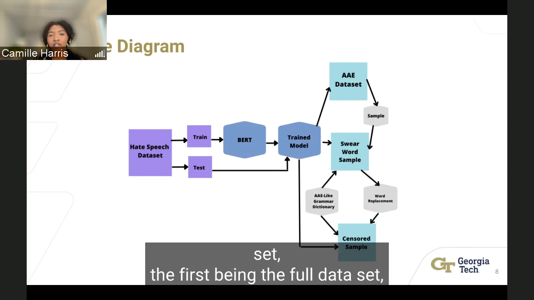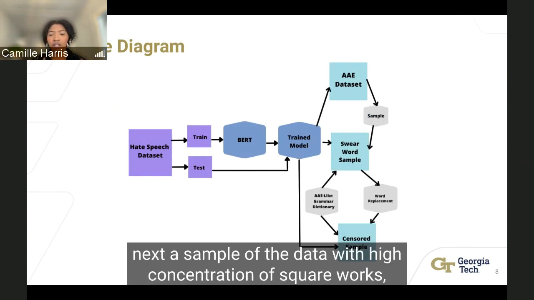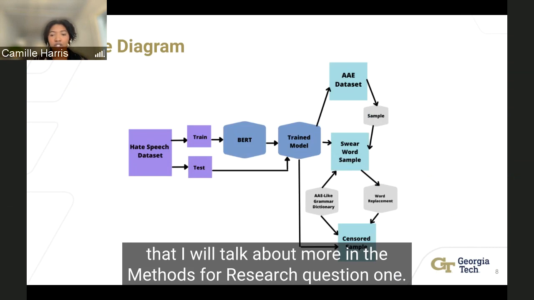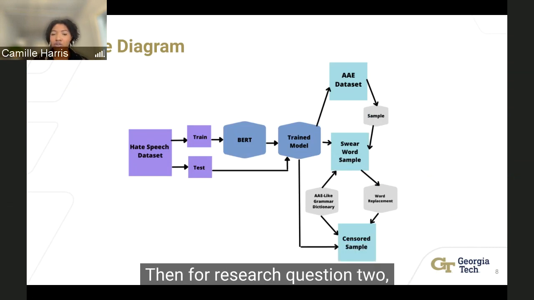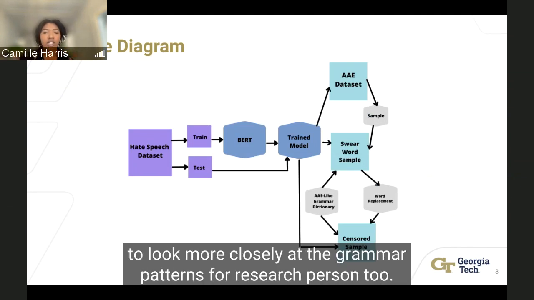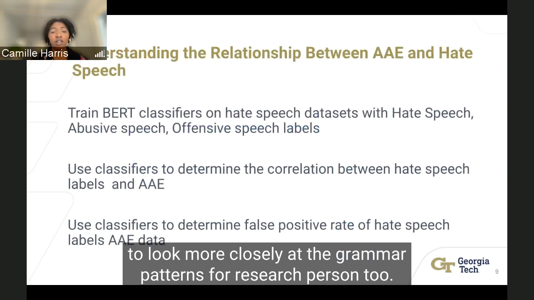The first being the full data set, next a sample of the data with high concentration of swear words, and next the same sample censored using word replacement that I will talk about more in the methods for research question 1. Then for research question 2, we apply this AAE-like grammar dictionary that we created to each of the samples to look more closely at the grammar patterns.